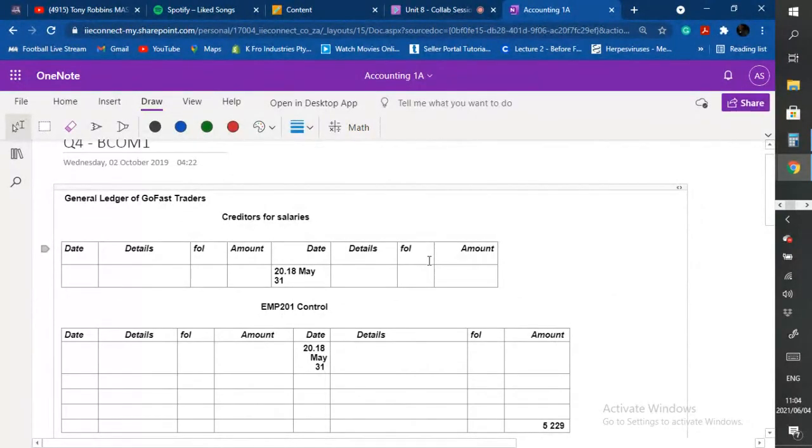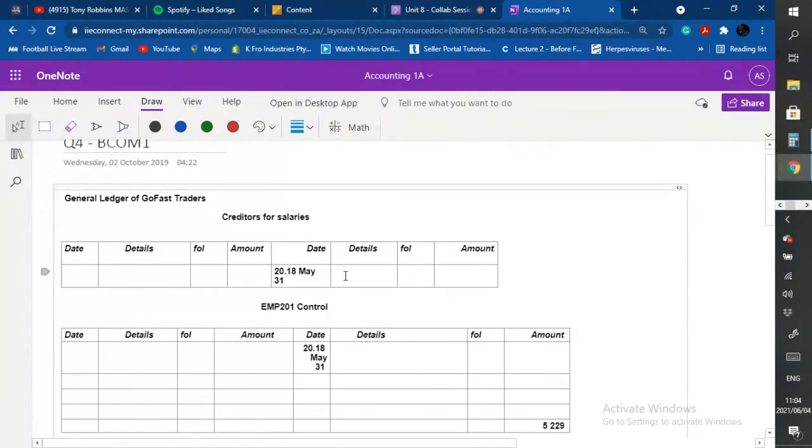So the employer has written in the general ledger how much we're going to pay these individuals at the end of the month. That's why we're calling it creditors for salaries, because it's something that is owed to the employee, because we have not yet paid it, but the employee has already worked, or we know he's going to work, during the course of the month. So it's something that's owed to him or her.